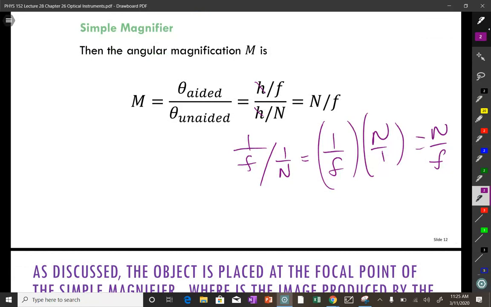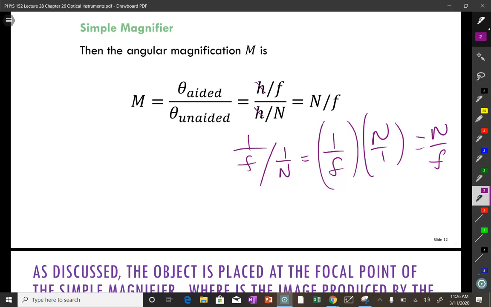Okay, so this is for a converging lens. That was implied, but you have to have it. You can't say, oh, any lens, diverging will work too. It doesn't. The angular magnification for a simple magnifier is always for a converging lens.